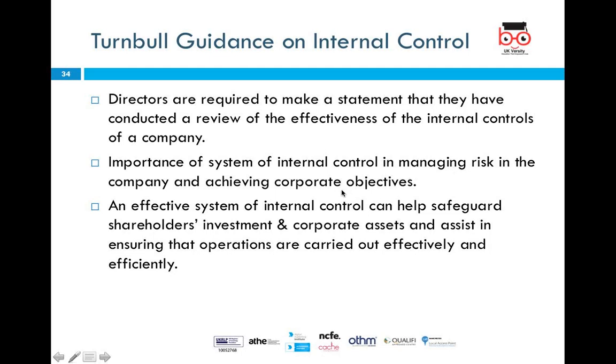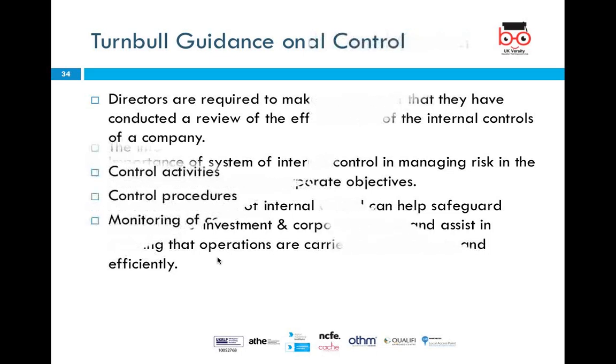That's one of the key aspects in the company and achieving corporate or organizational goals and objectives. An effective system of internal control can help safeguard shareholders' investments and the corporate assets, and assist in ensuring that operations are carried out effectively and efficiently. So it's very important for internal control in processing the financial data, in terms of financial information.